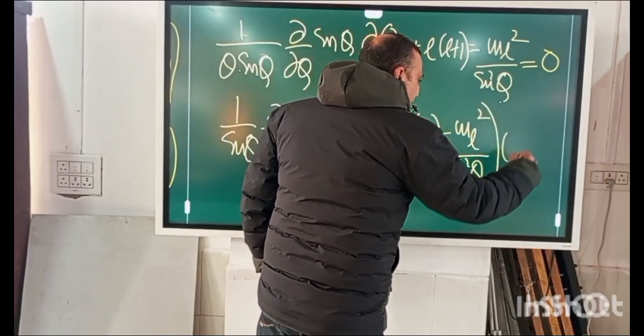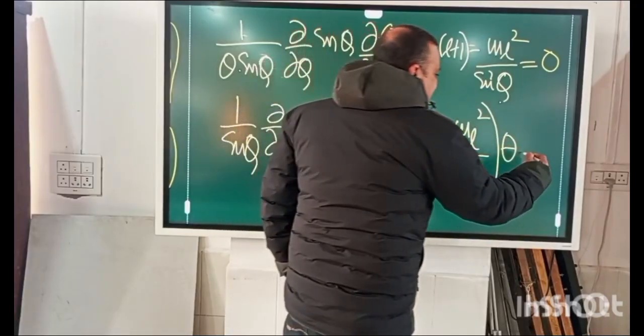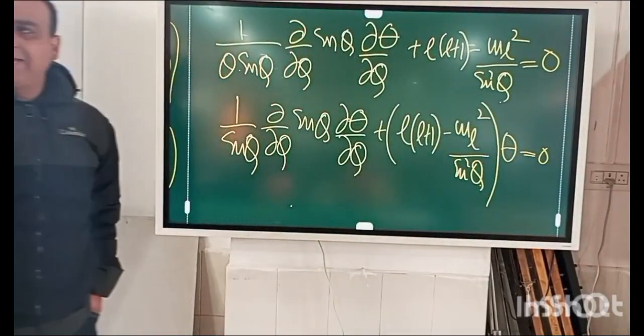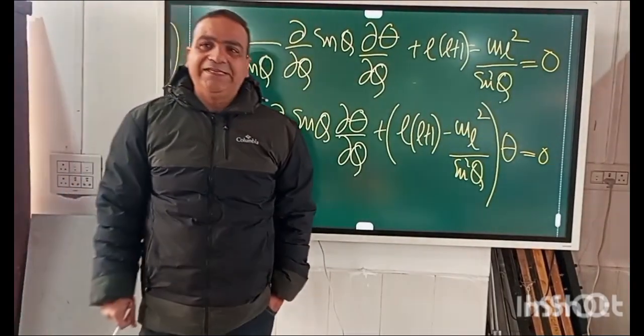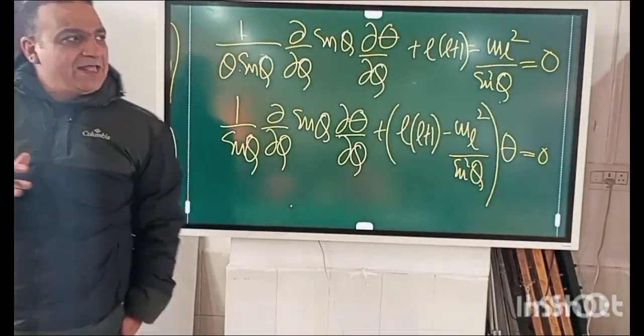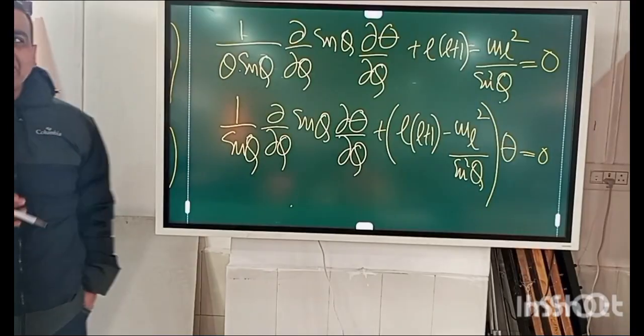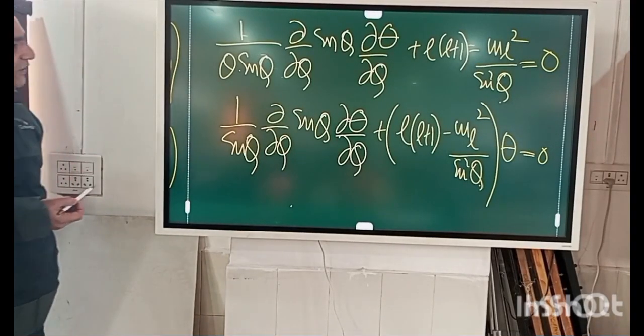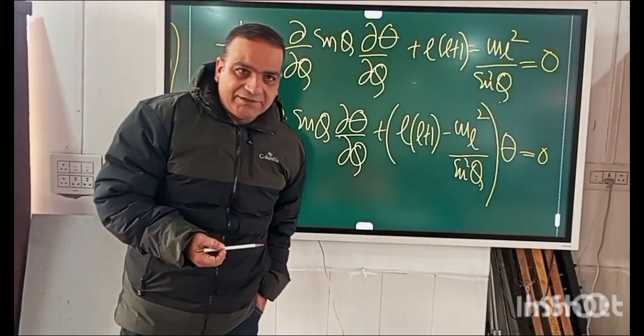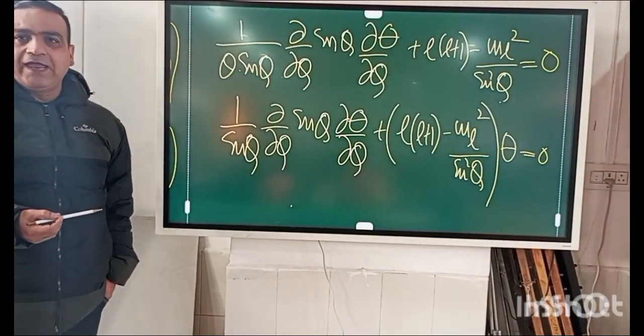This is multiplied by capital theta, and this is equal to 0. So this is your equation in terms of theta. Capital theta, small theta is the function of capital theta. You have this differential equation and you would like to solve it.